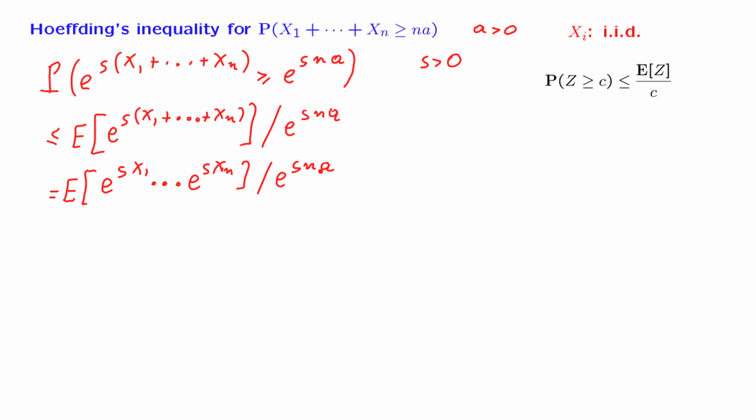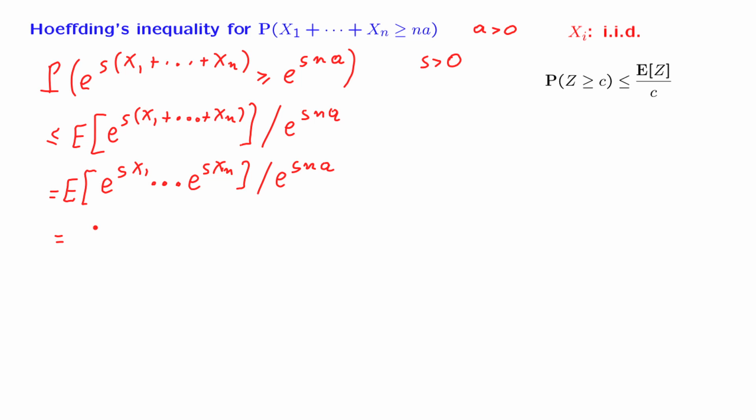And then we use the assumption that the x's are independent. Since the x's are independent, e to the sx1 is independent from e to the sx2 and so on. And so we have the expected value of a product of independent random variables, and so this is equal to the product of the expectations.